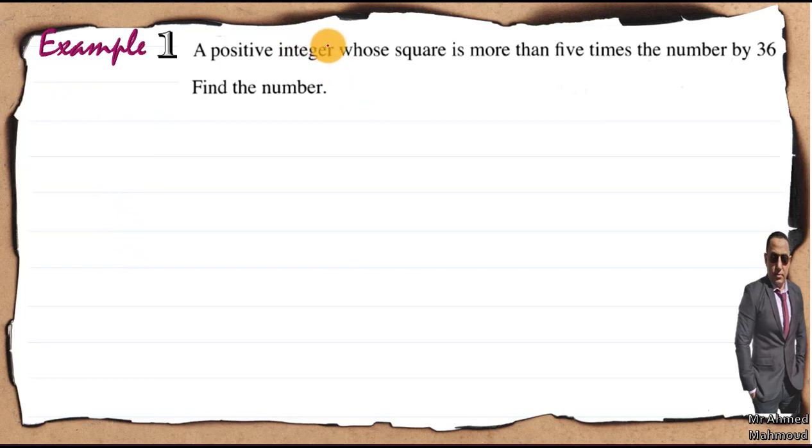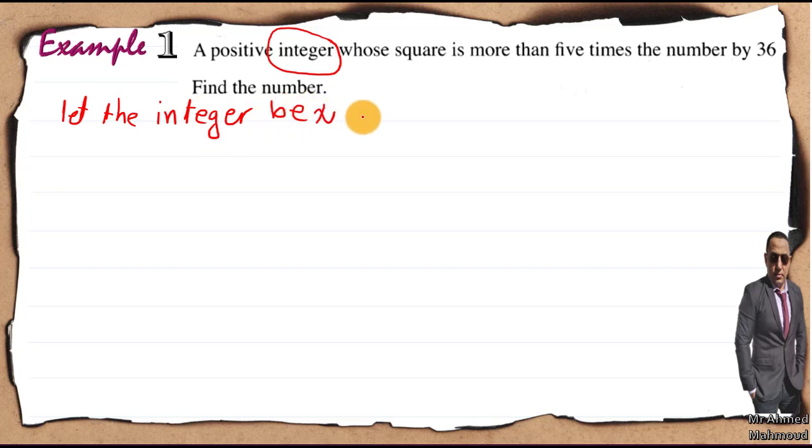First, I have here an integer, so let the integer be x. Now, whose square means x to the power of 2, so x to the power of 2 is more than, and this is a comparison.